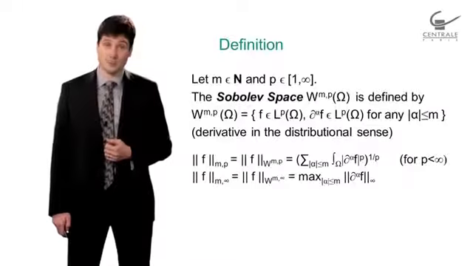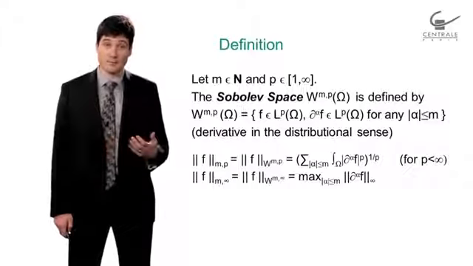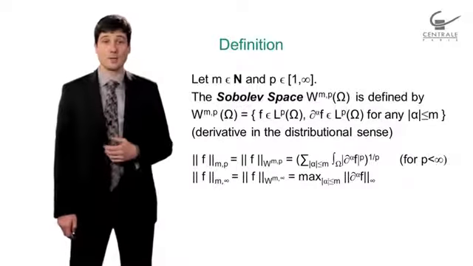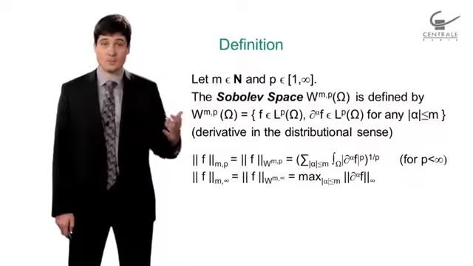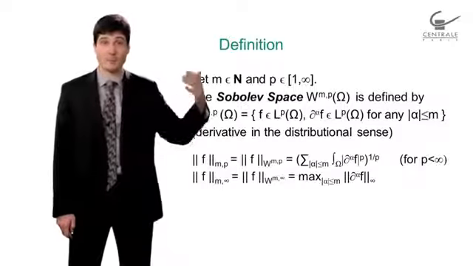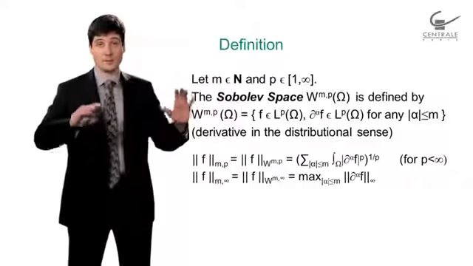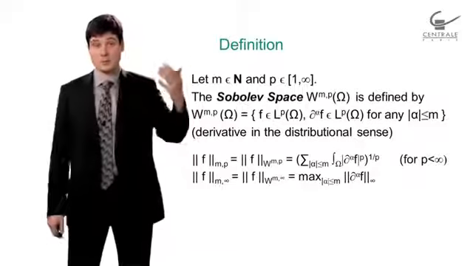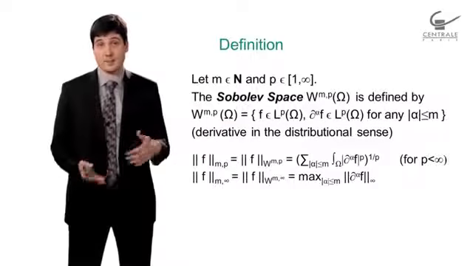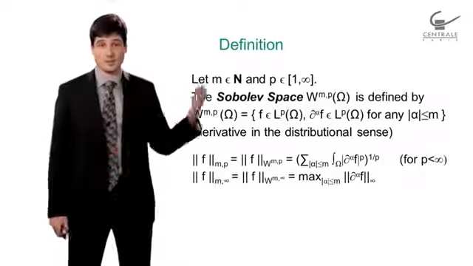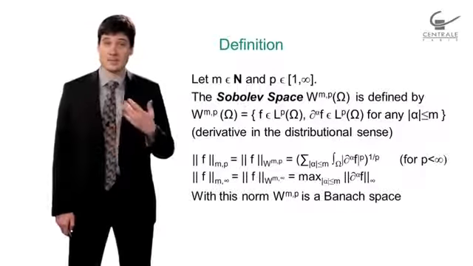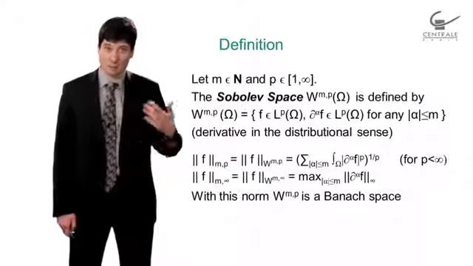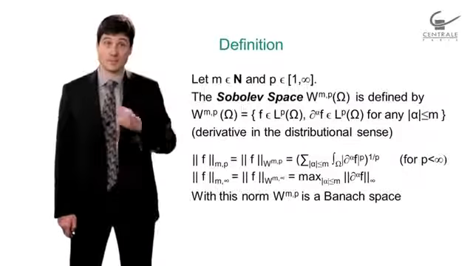We can also define a norm, and the norm of f in W^{m,p} will be the sum of all integrals of the derivatives of f raised to power p, and all of the sum will be raised to power 1 over p, which is the same as taking the pth root of this sum. This is a Banach space. W^{m,p} with this norm is a Banach space.